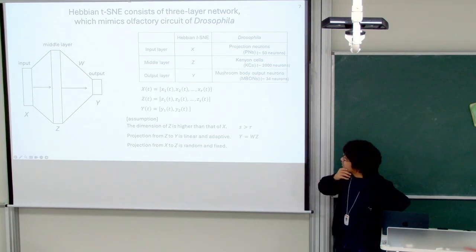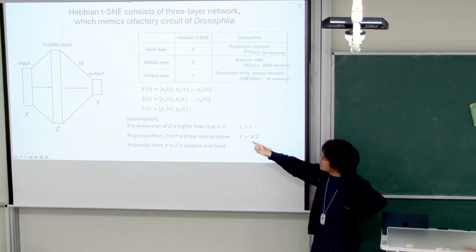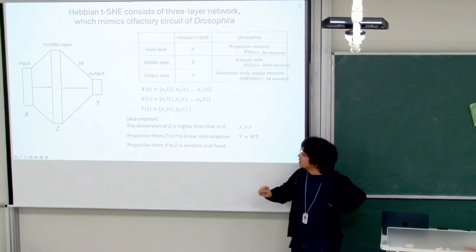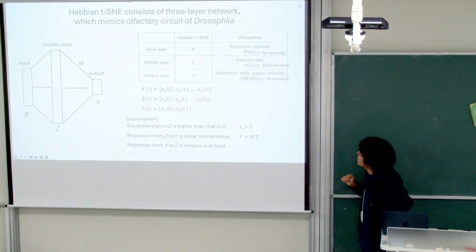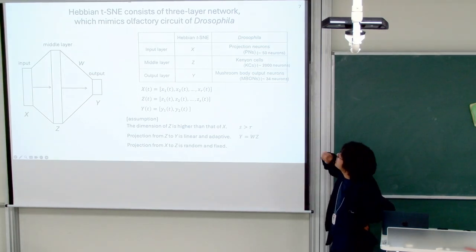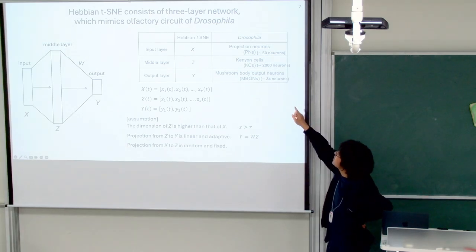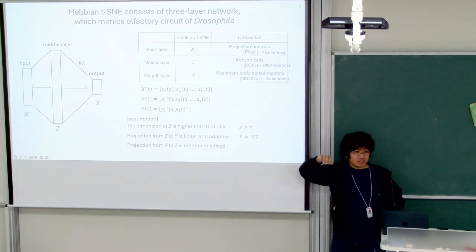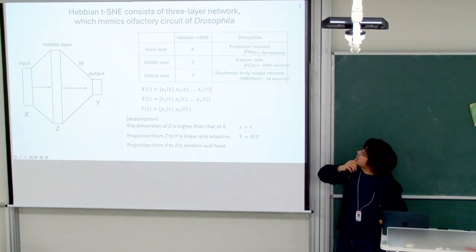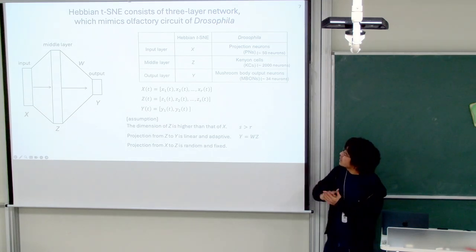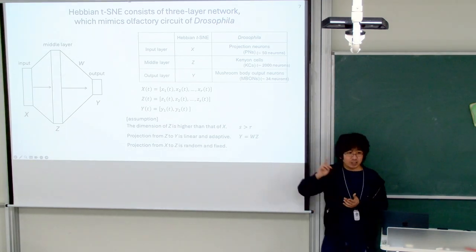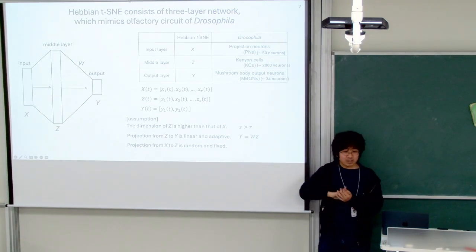The assumption is that the dimension of the middle layer is higher than the input. Actually, the number of Kenyon cells is much larger than projection neurons. And the output is low-dimensional.